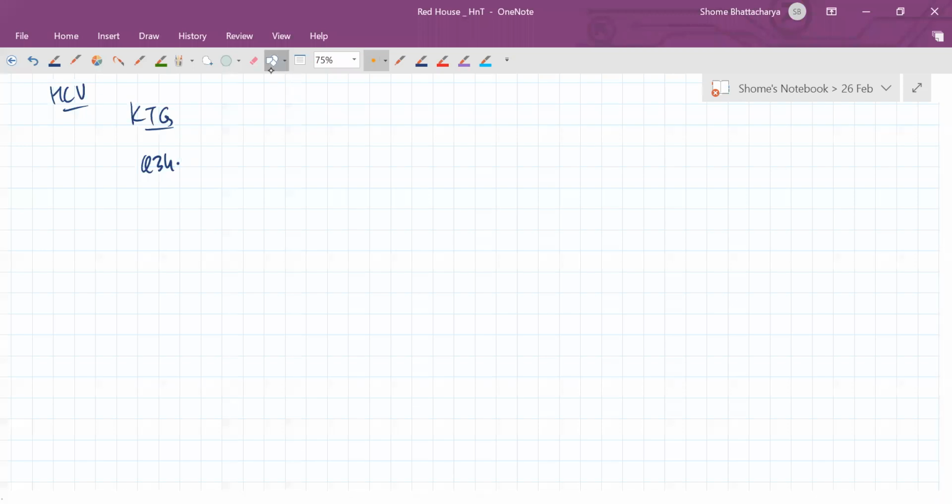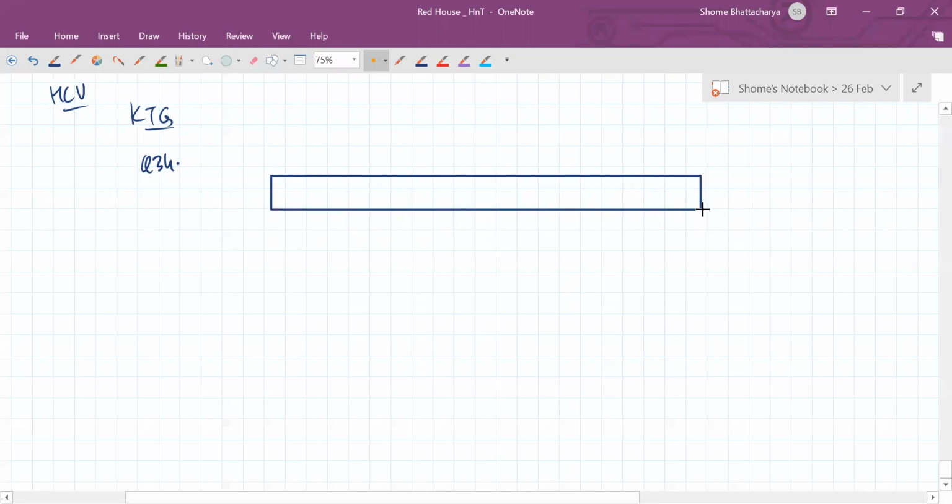So what we do is, initially, our closed glass tube has a section with mercury inside, which is 10 centimeters long.